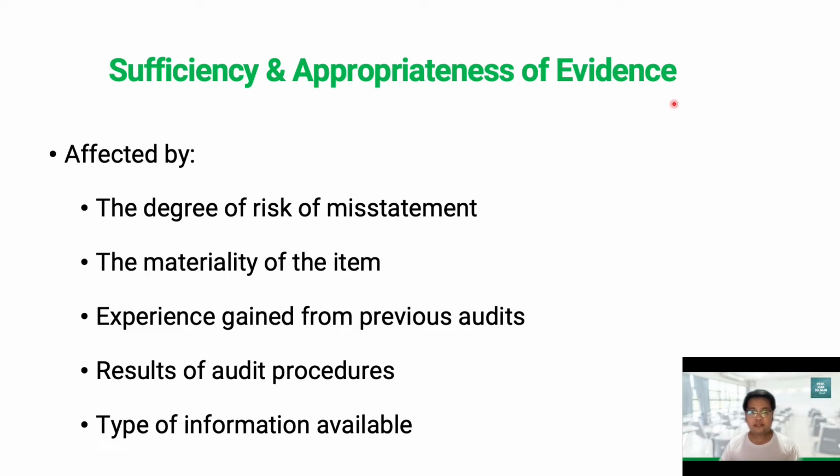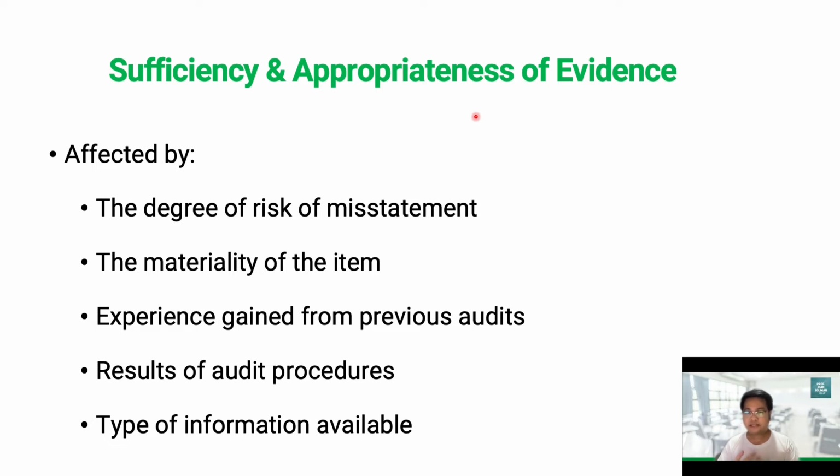The amount of evidence that we need would be what we consider sufficient and appropriate. So we need sufficient and appropriate evidence to support our opinion on the financial statements of our client. Ultimately, the sufficiency and the appropriateness of audit evidence will be based on our own professional judgment. However, in making those judgments, we have to have a basis.